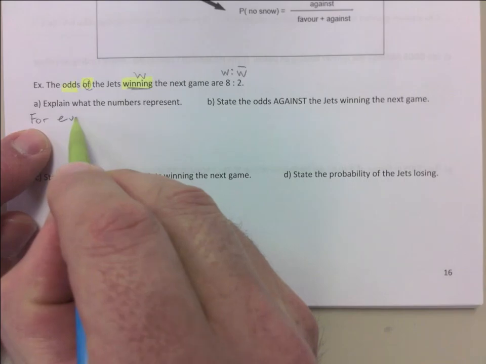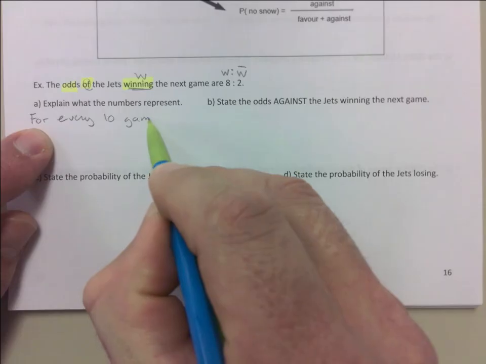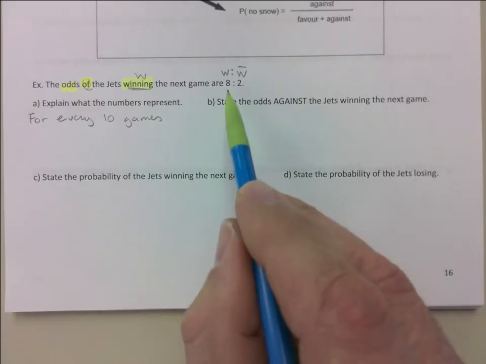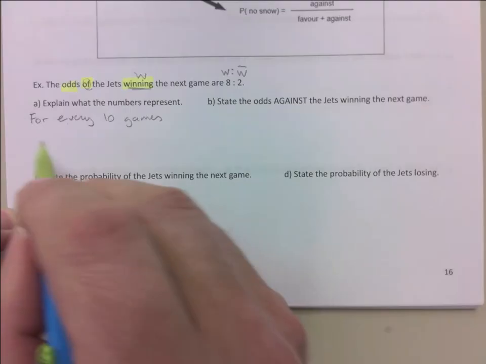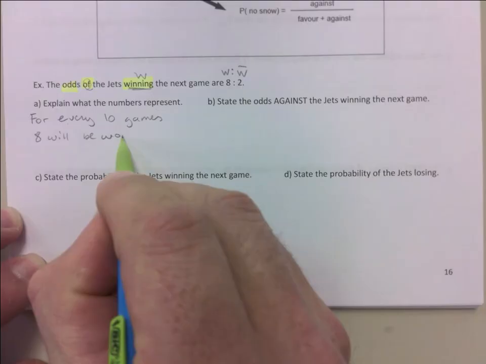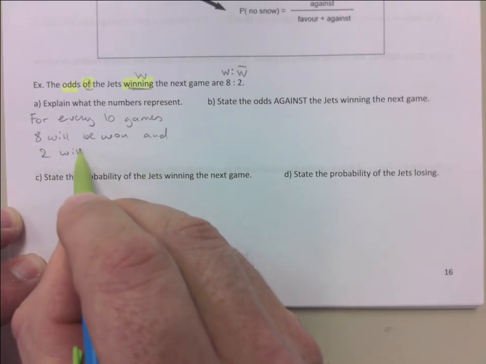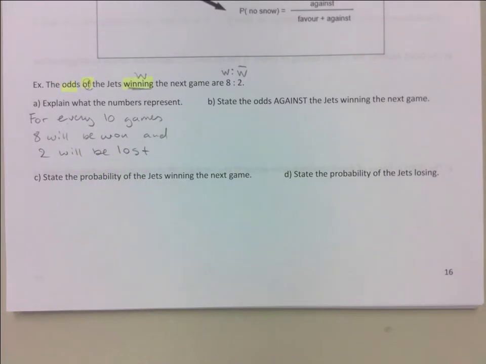For every 10 games, Mr. Dirksen, where did you get the 10 from? 8 plus 2, right? I know that I'm considering 10 games here. For every 10 games, 8 will be won and 2 will be lost. That's what that's saying.